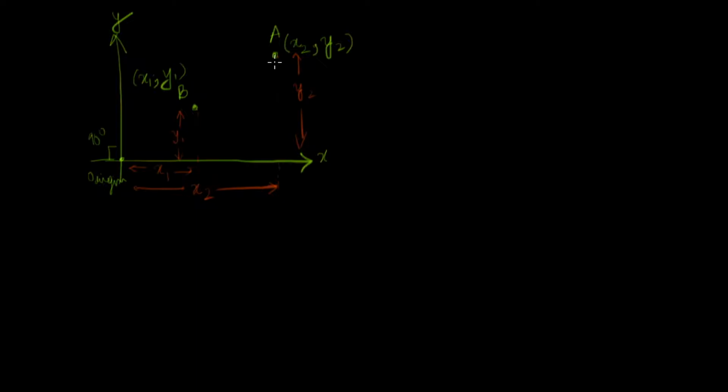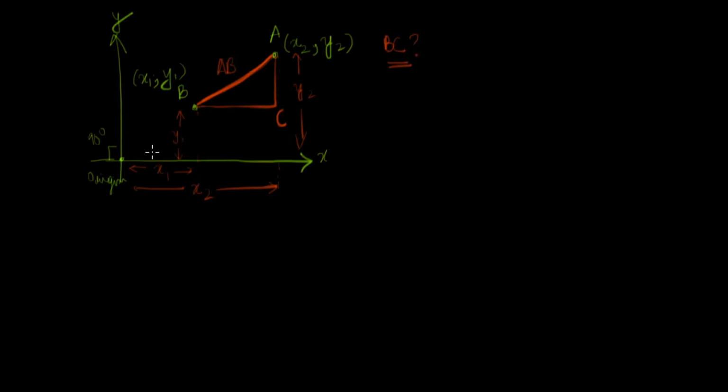So we can join this line like so, which represents the distance between A and B. Let us call this AB as the distance. And what about this line right there and this line right there? Let us call this point C. Can we say something about BC?